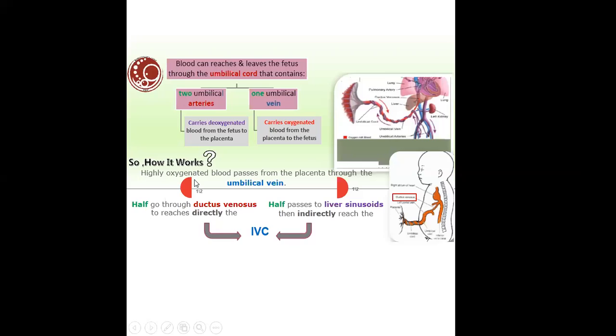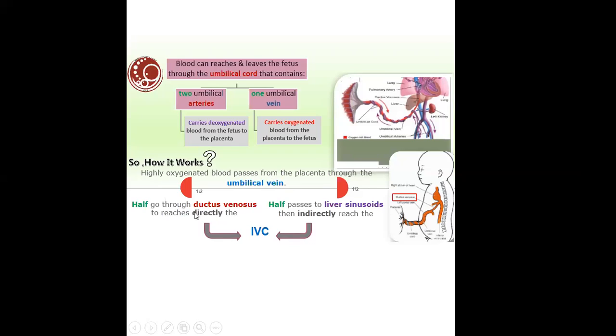So how does it work? Highly oxygenated blood, as in the previous slide I showed you, passes from the placenta through the umbilical vein. Now half, that is 1 over 2 or 50%, will go directly to the inferior vena cava.